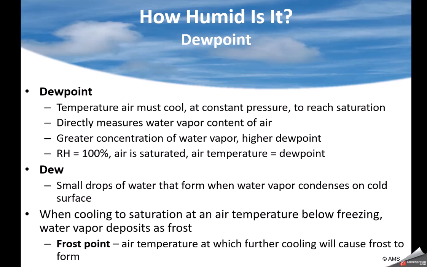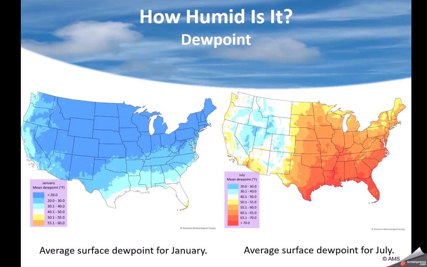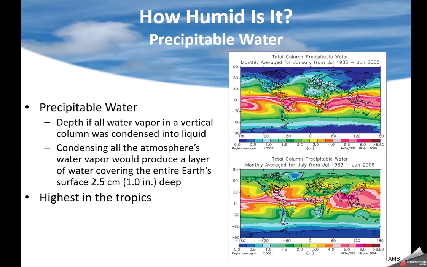Dew point, as I've told you, is just a measure of moisture when it's cooled, causing dew. Here's the difference in dew points from year around. You can see in the summer they're much, much higher than in the winter. The lower they are in the winter, the less moisture is in the air. When you get below 0 dew points, you have hardly any moisture in the air.